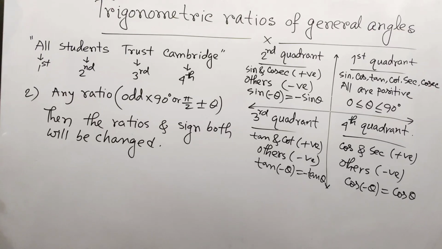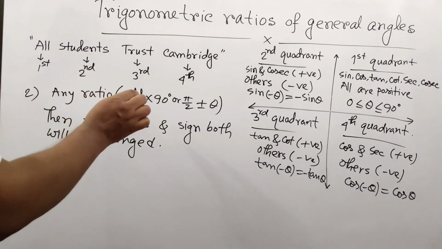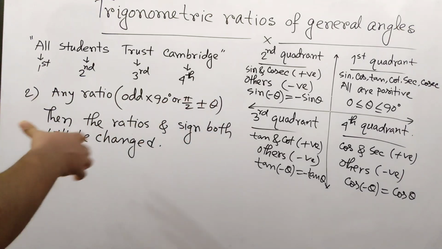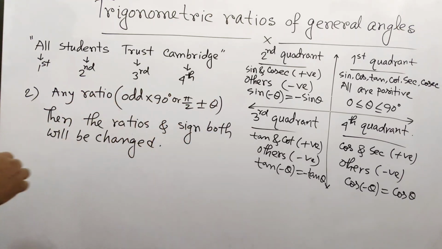So if any ratio is an odd multiple of 90 or pi by 2 plus or minus theta, then the ratio and sign both will be changed.